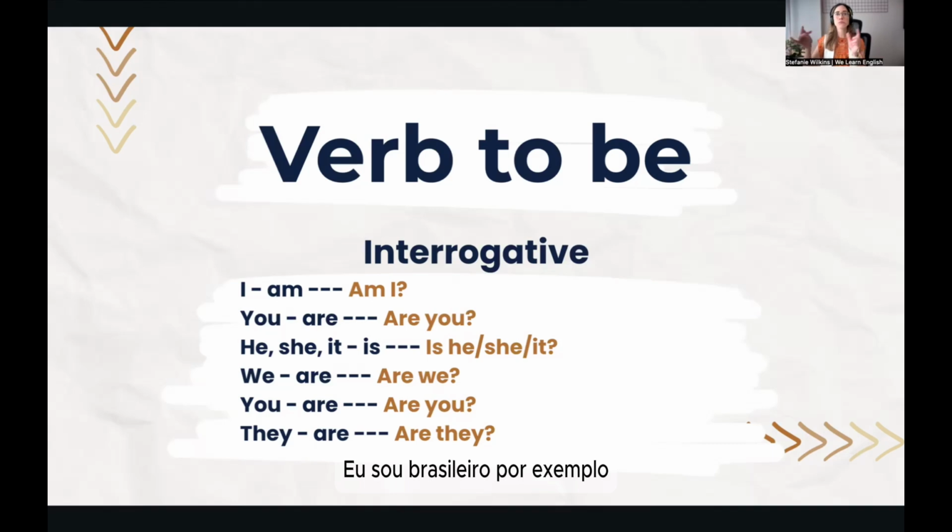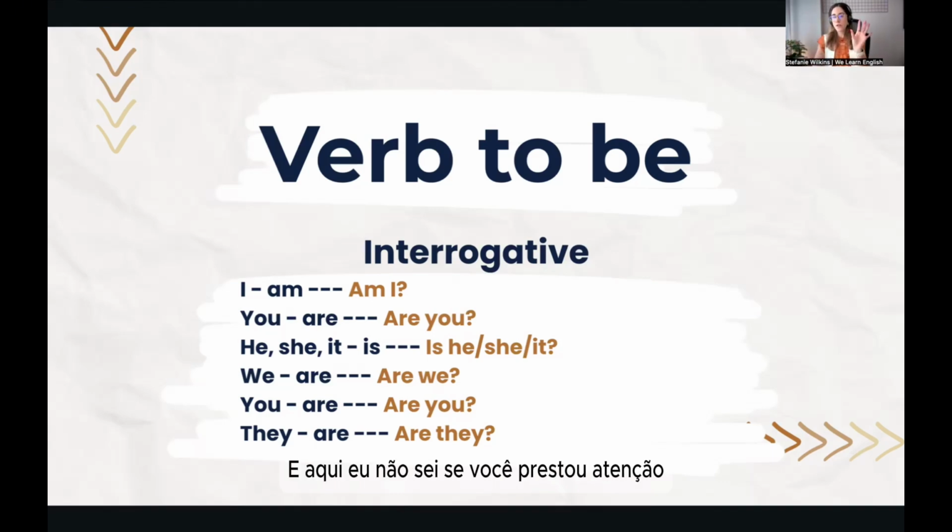Am I Brazilian, for example? Yes or no, right? Look at this. Are you? Is he? Is she? Is it? Are we? Are you? Are they? I didn't continue the question, but you can continue, right?